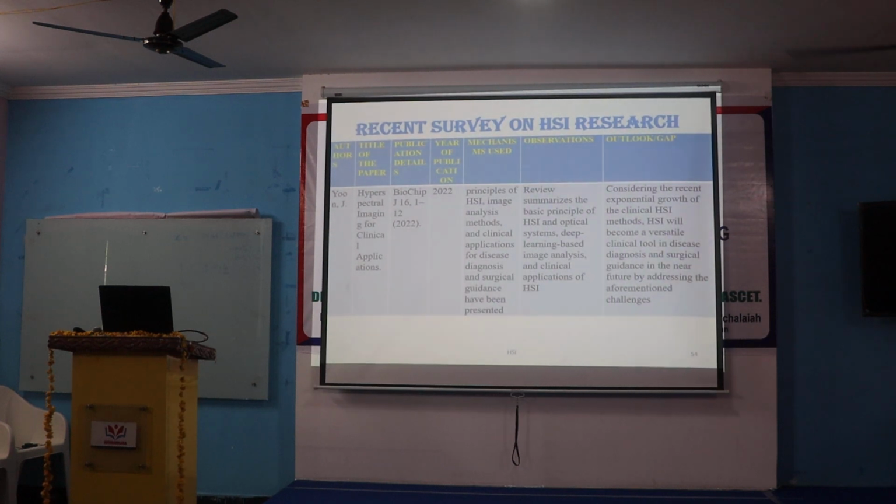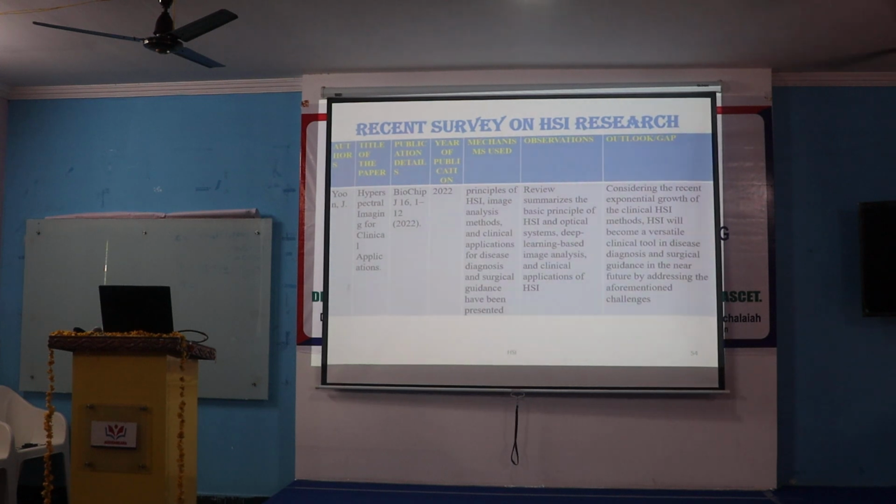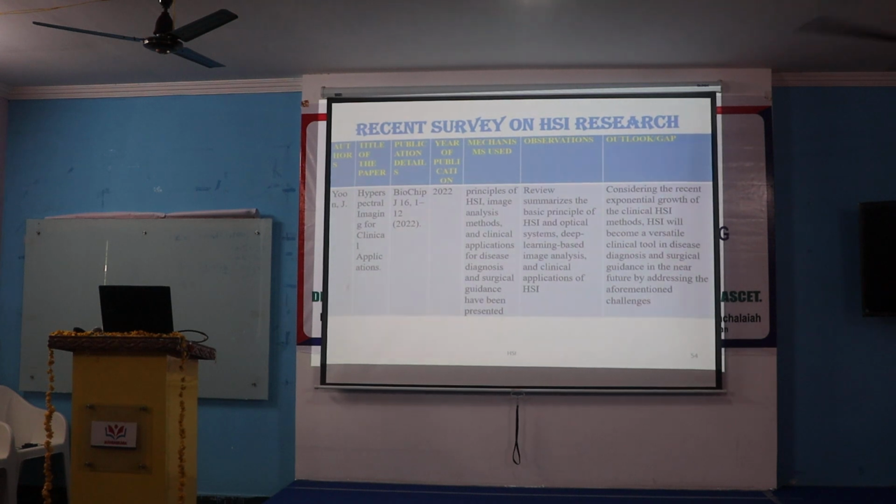Another journal paper is proposed by Yoon with the title Hyperspectral Imaging for Clinical Applications. These scientists presented the principles of hyperspectral imaging, where the image analysis methods and clinical applications for disease diagnosis and surgical guidance are presented in this paper.